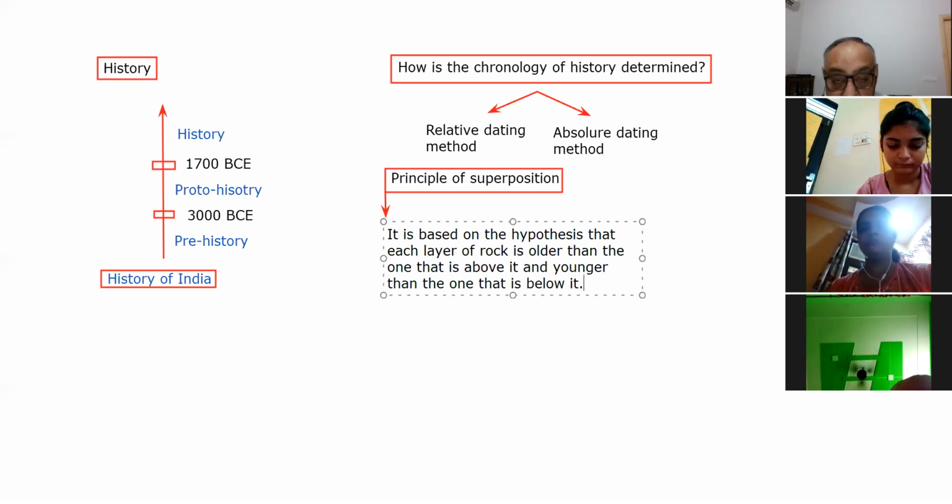This is the principle of superposition, based on this particular hypothesis.